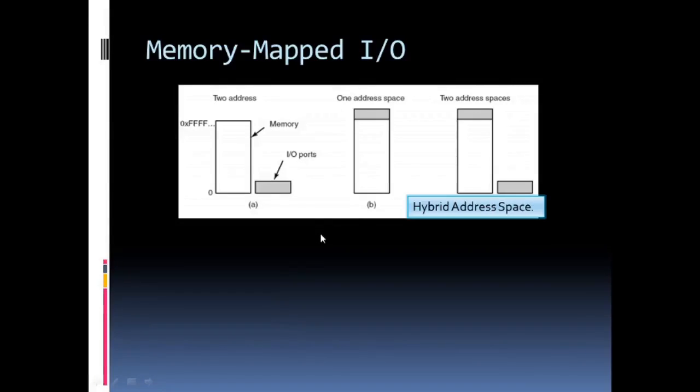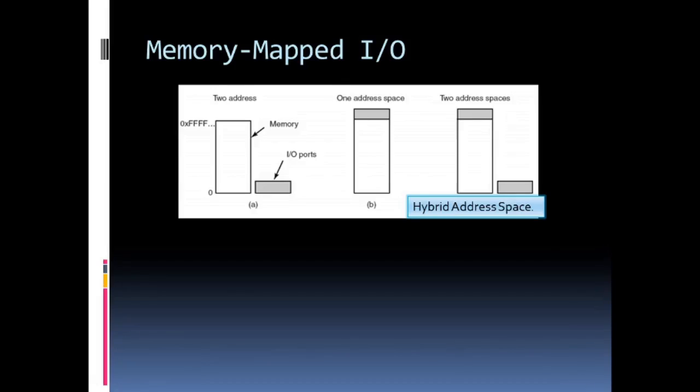Again, memory mapped I/O has three different kinds of address space. One is the two address space, in which the main memory is separated and the I/O ports are given a different memory unit and address structure for access by the CPU.